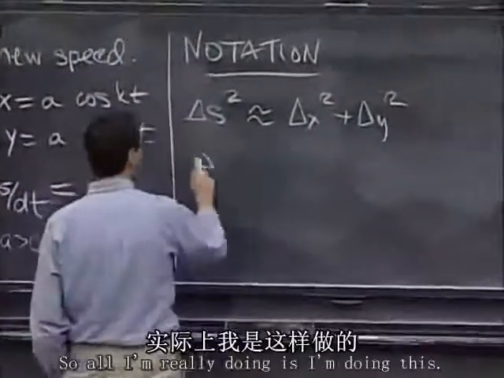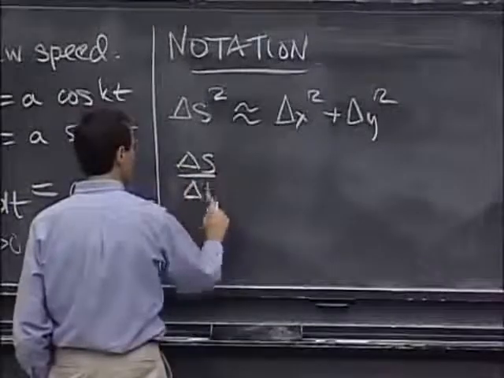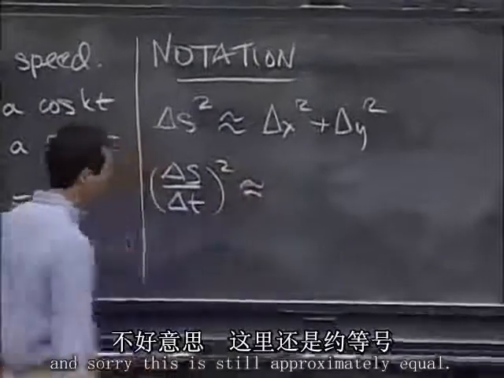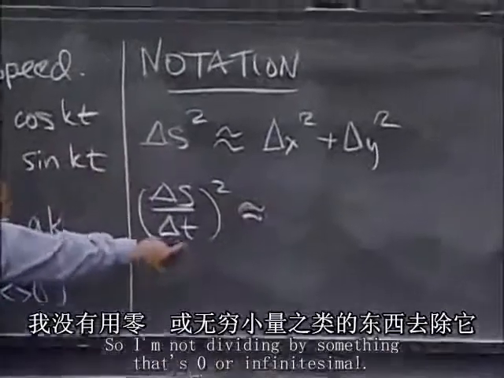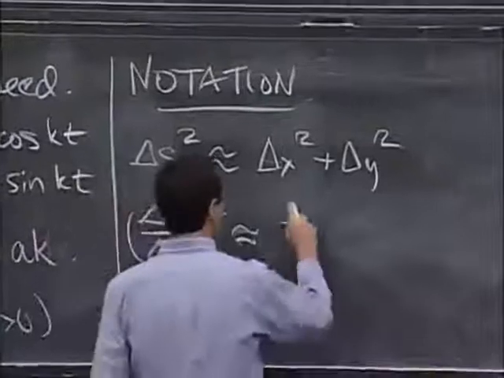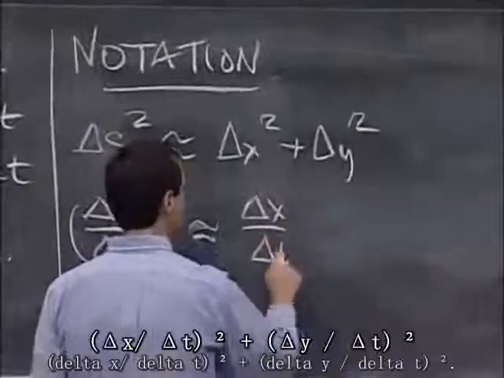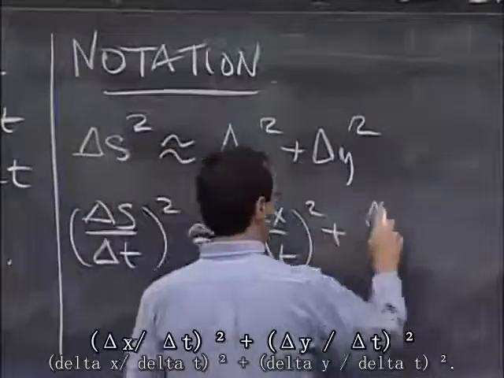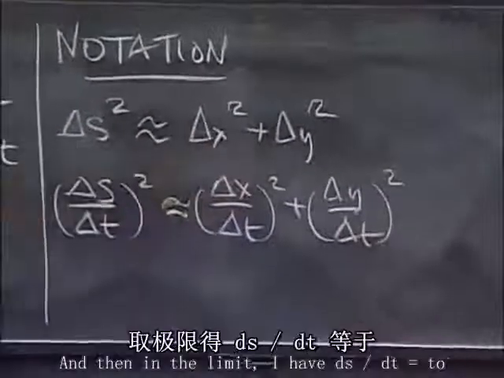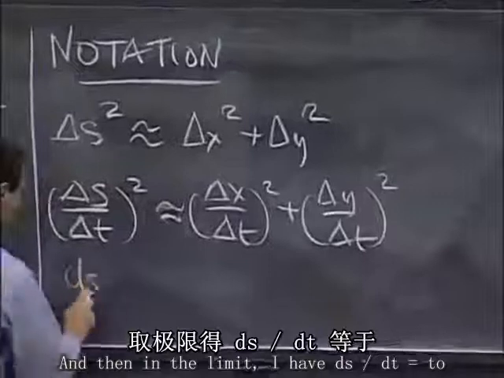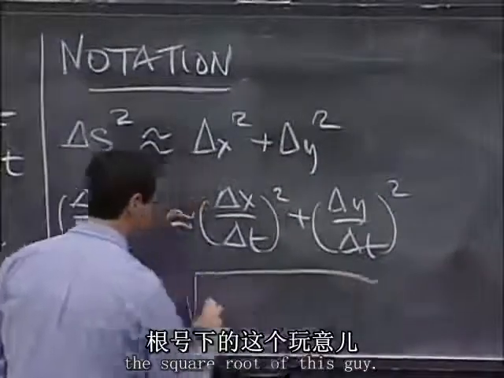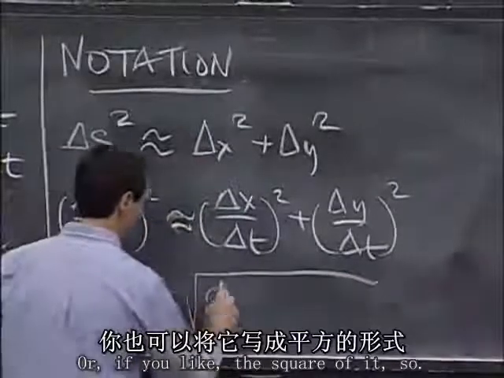So all I'm really doing is dividing through by delta t squared. And sorry, this is still approximately equal. So I'm not dividing by something that's 0 or infinitesimal. I'm dividing by something non-zero. And here I have the quantity delta x over delta t squared plus the quantity delta y over delta t squared. And then in the limit, I have ds dt is equal to the square root of this, or if you like, the square of it.